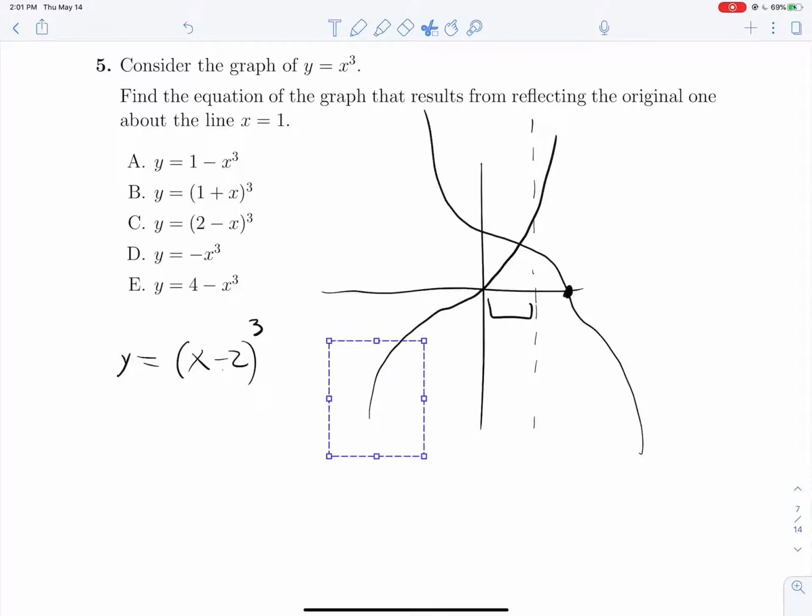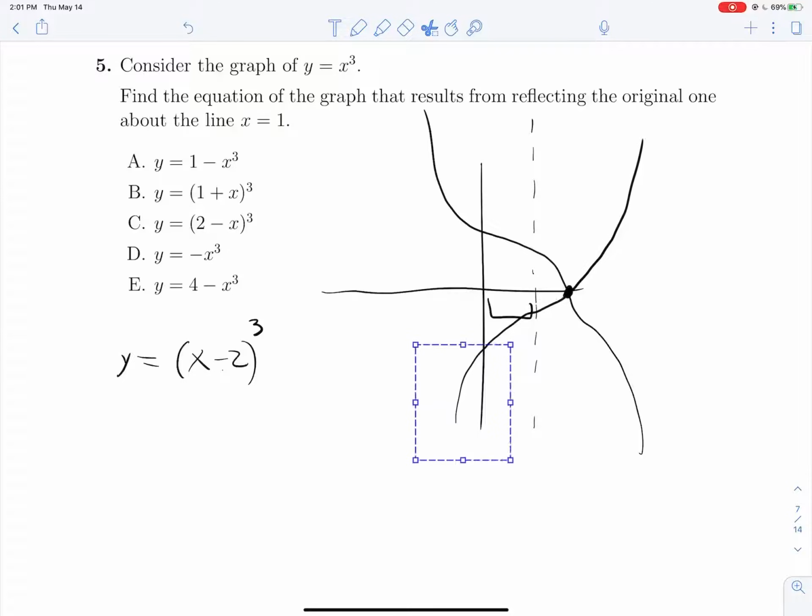That will take this line and shift it 2 units to the right. Now the only thing that's left to do is to reflect it about itself, and all we have to do for that is to negate this whole thing. And factoring that negative sign in, we get y is equal to 2 minus x to the third power.